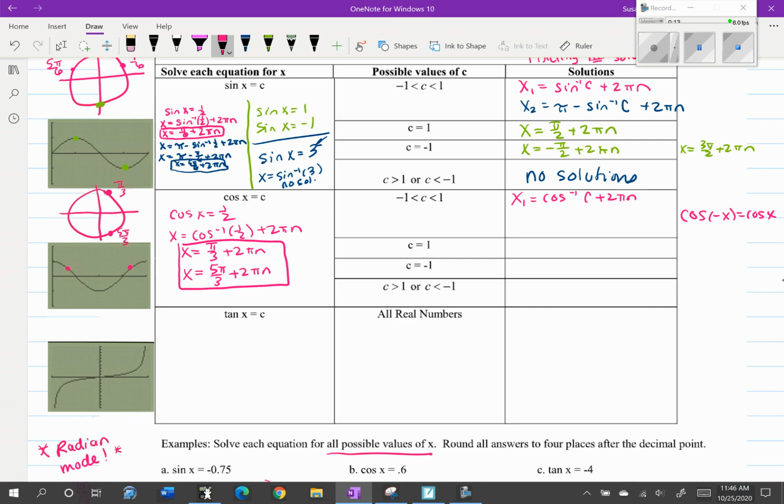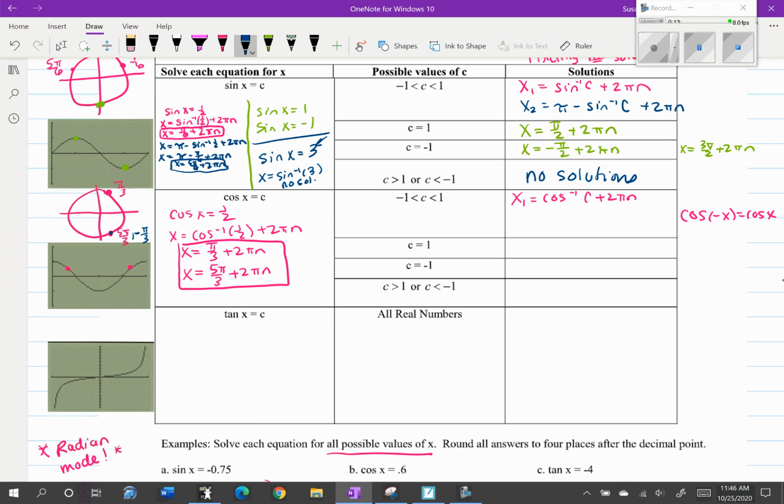But notice the negative of that angle also gives me the same answer. So instead of writing 5 pi over 3, we can use the negative angle measure. Pi over 3 is the same thing as negative pi over 3, those are coterminal. So pi over 3 and negative pi over 3 give us our solution.